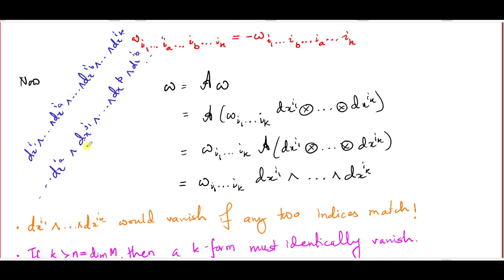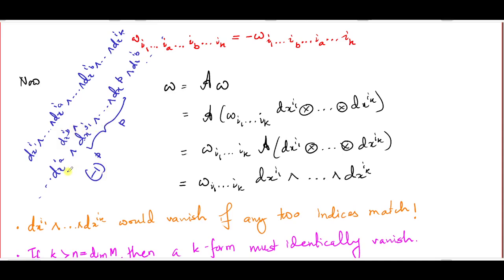There are p coordinate differentials in between ib and ia. Now, if you were to interchange this, one way to do that would be to make this jump across each one of these p such coordinate differentials, so that ultimately you will end up with dxib sitting here. So that will give you an extra factor of minus 1 to the power p. Each jump giving a minus sign.